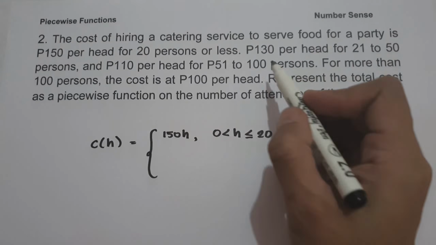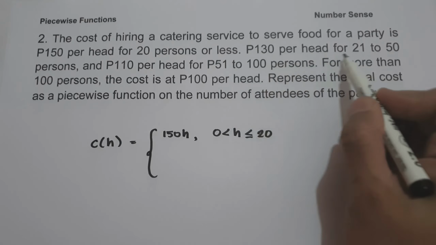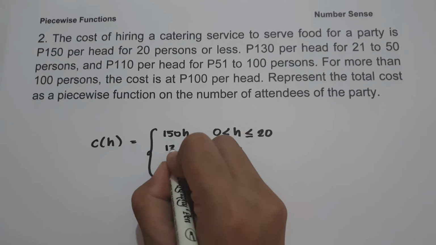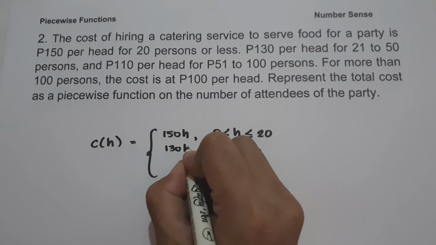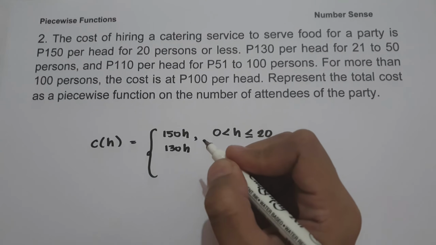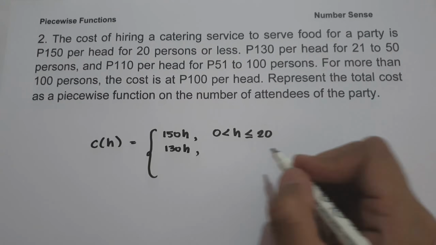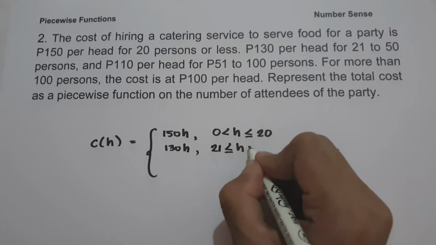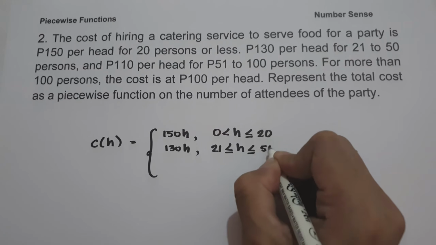And then, 130 pesos per head for 21 to 50 persons. So we are going to have 130 times the number of attendees for 21 to 50 persons. And for our interval, that is H greater than or equal to 21 but less than or equal to 50.